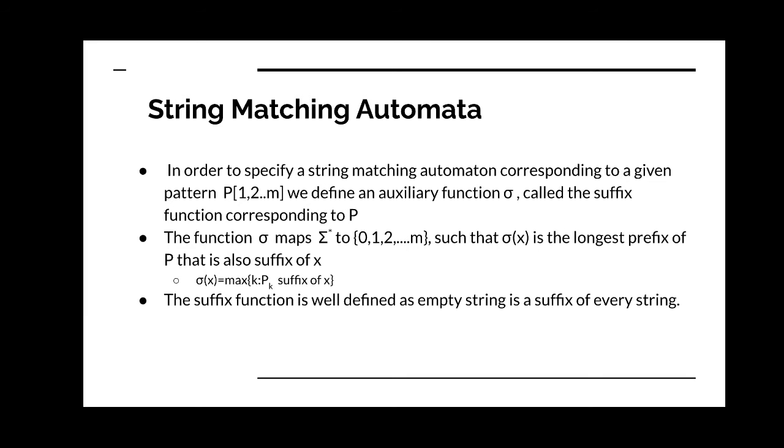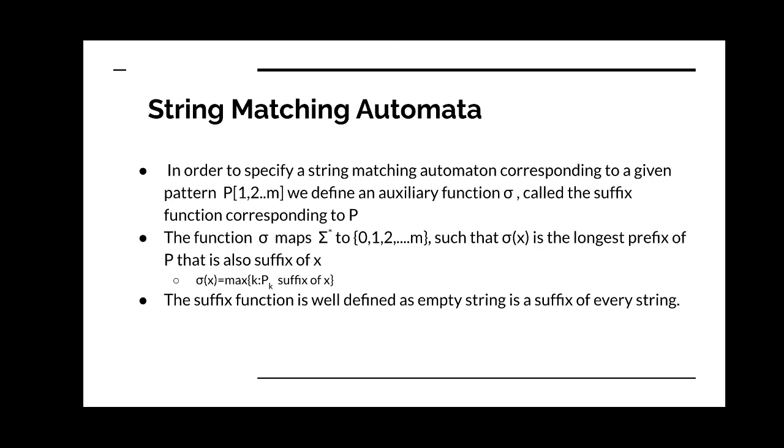String matching automata. In order to specify a string matching automaton corresponding to a given pattern P of length m, we define an auxiliary function sigma called the suffix function corresponding to capital P. Notice we are using small sigma to define the suffix function.